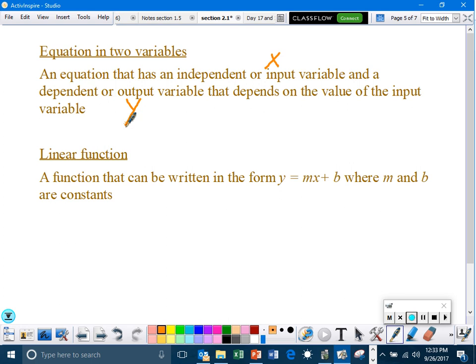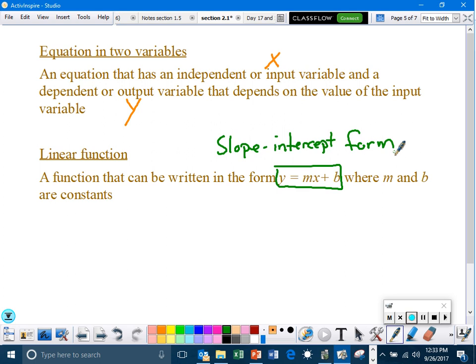So a function that can be written in the form y equals mx plus b, where m and b are constants. All right, so what we need to remember here is this is the slope intercept form. M, remember, is your slope.